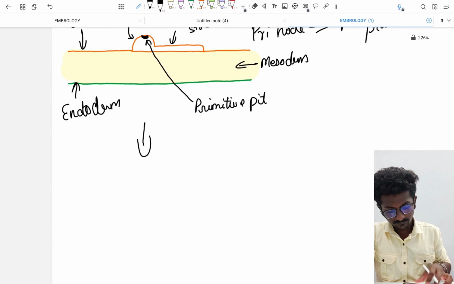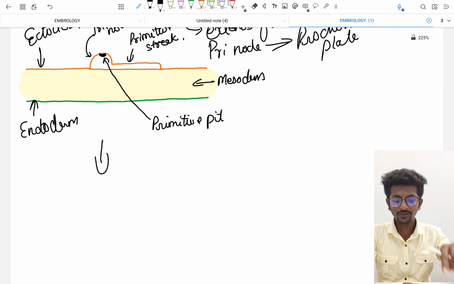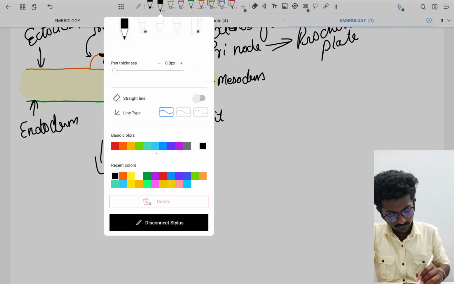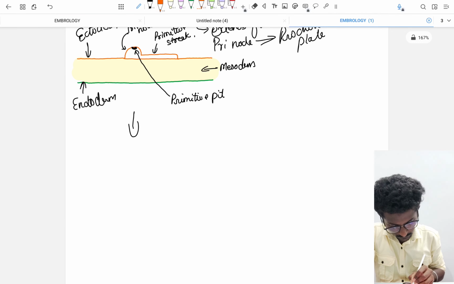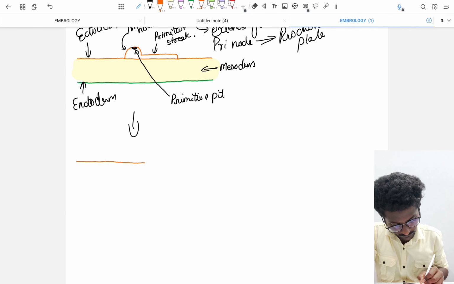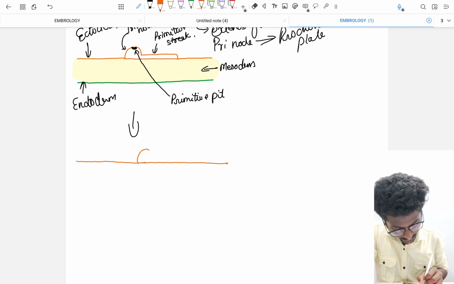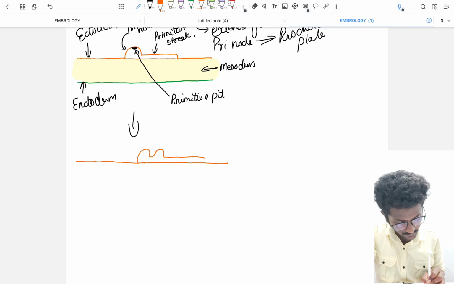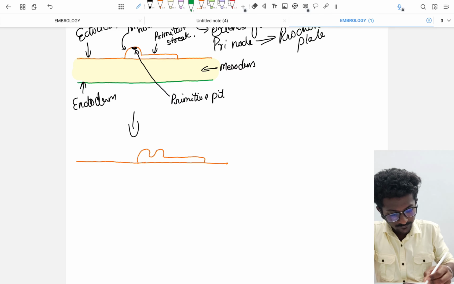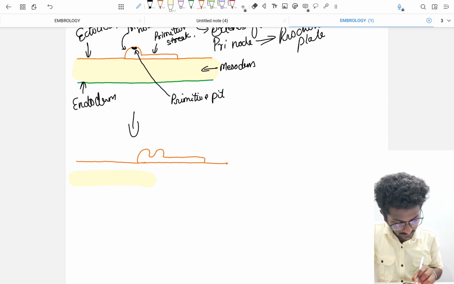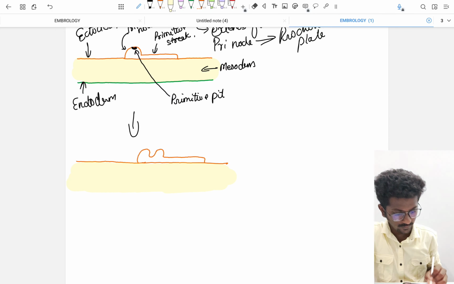Now what will happen? This primitive pit will move deeper inside, and now we can see a structure like this. This is the ectoderm. Then we have this primitive node, and now the pit has gone deeper. This is the primitive streak. This is the intraembryonic mesoderm.